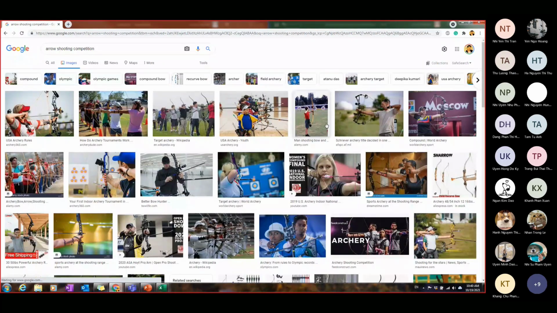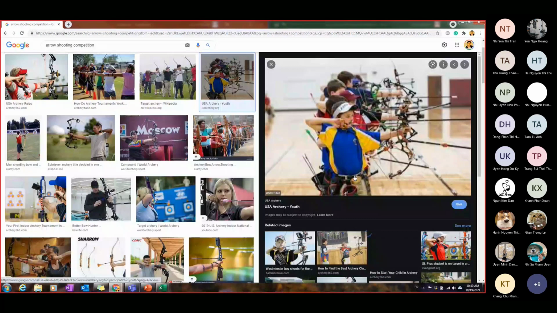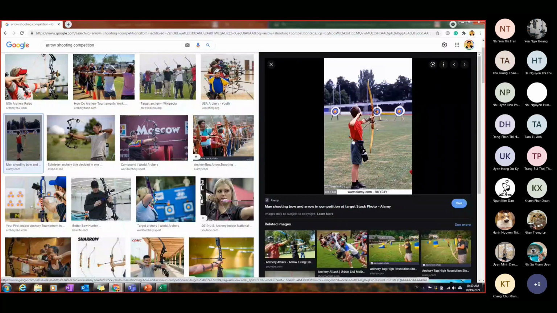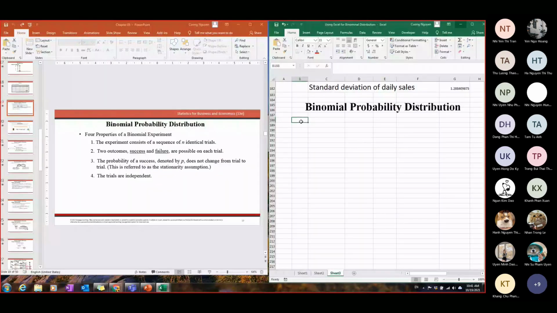You must know about arrow shooting, right? You have a bow and an arrow to shoot into a target like this. For example, the number of trials means the total number of times that you can shoot your arrow.